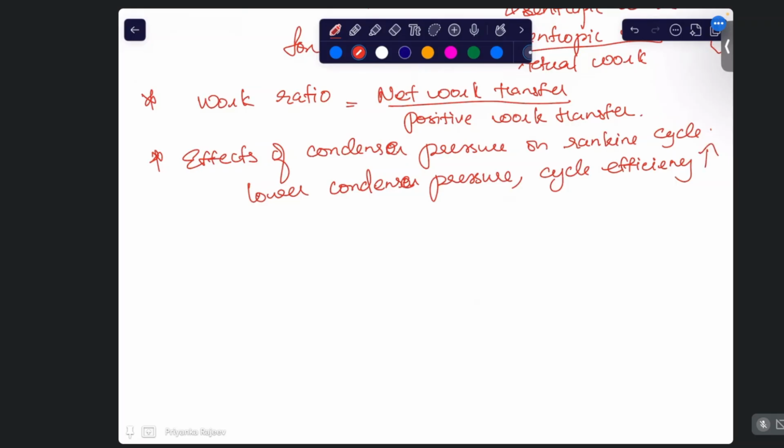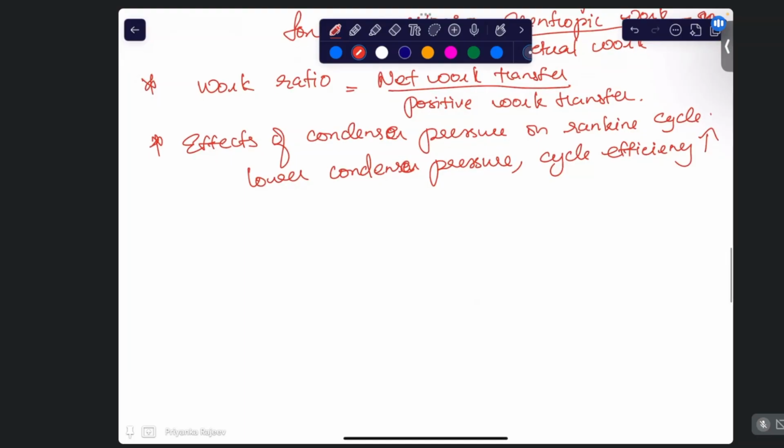But the main disadvantage is that lowering the back pressure increases wetness of steam. So isentropic comparison of a very wet vapor is very difficult.